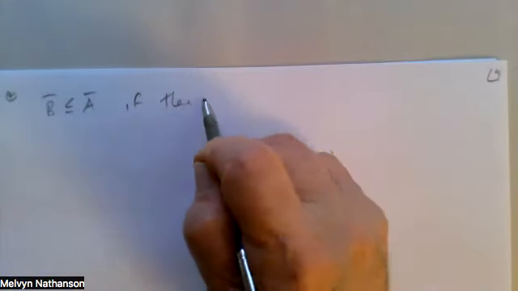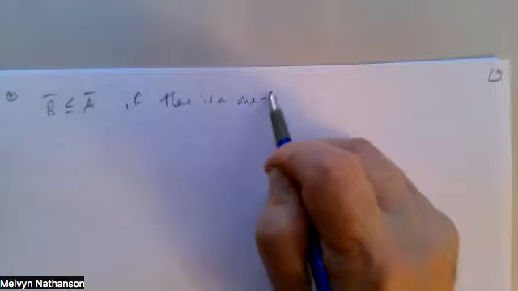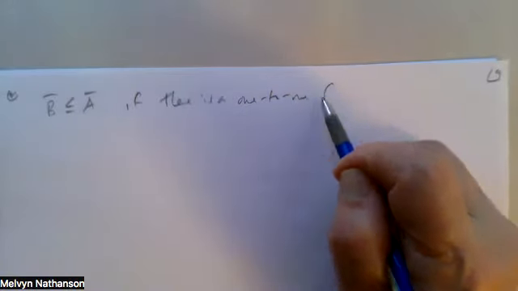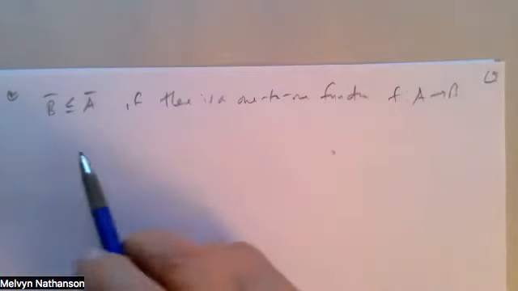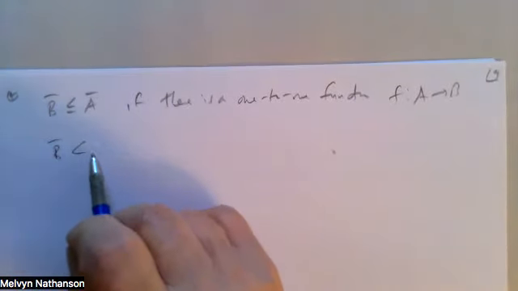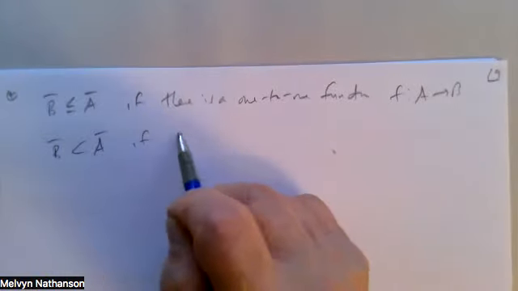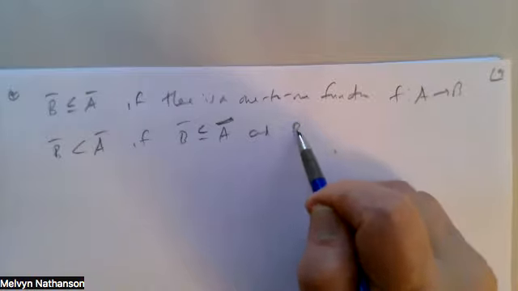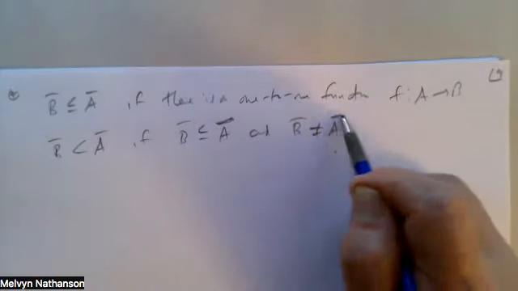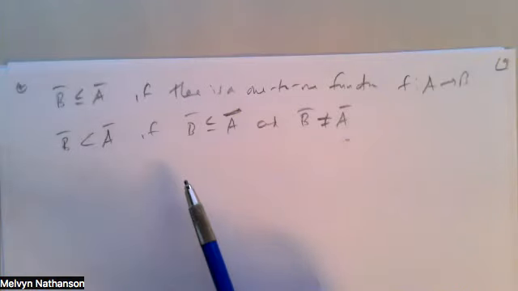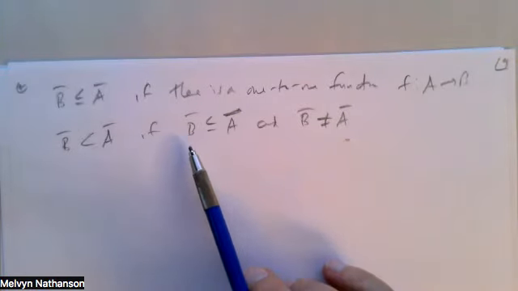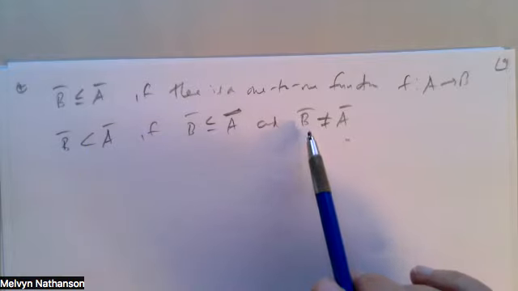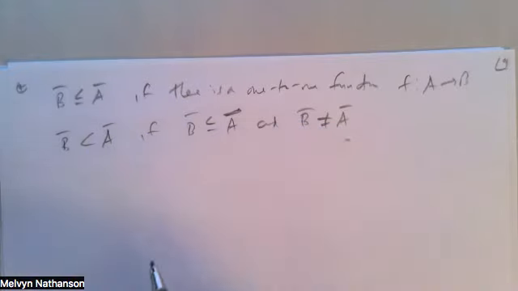It means there is a one-to-one function f from B to A. That's what it means to say B is less than or equal to A. And to say B is strictly less than A means that B is less than or equal to A, and B and A don't have the same number of elements. So this means there's a one-to-one function from B to A, but there's no one-to-one and onto function, no one-to-one correspondence between B and A.